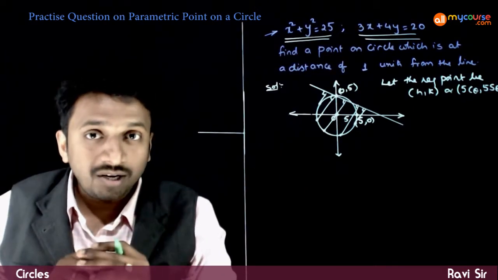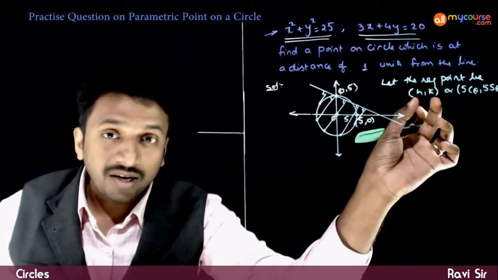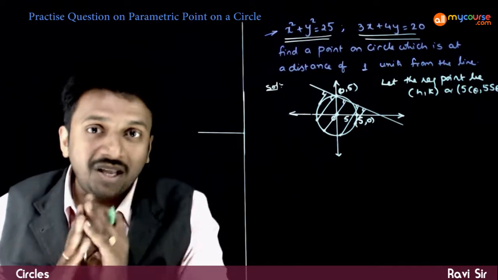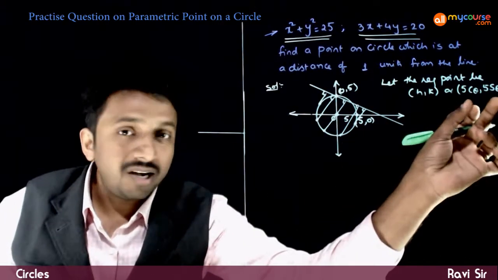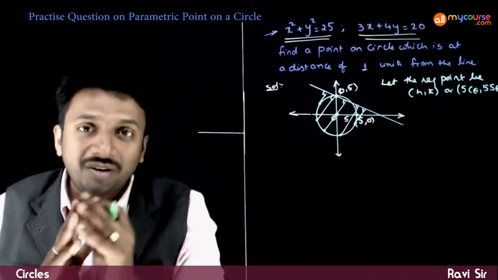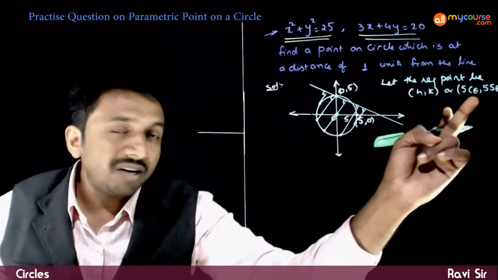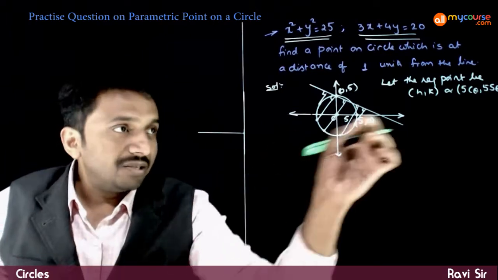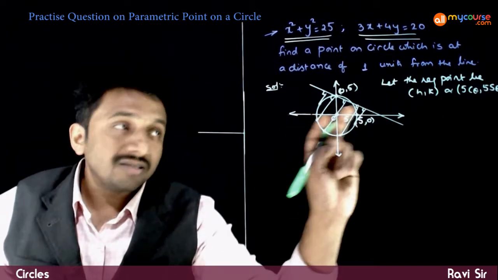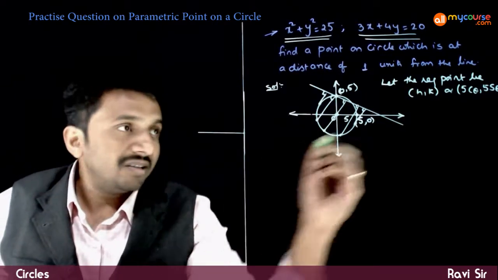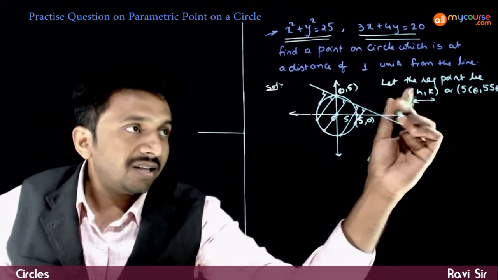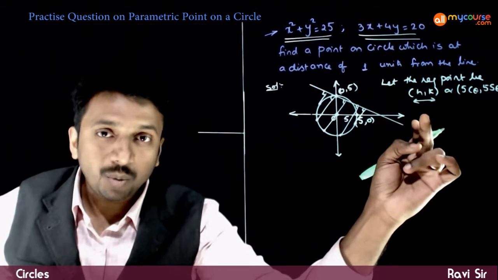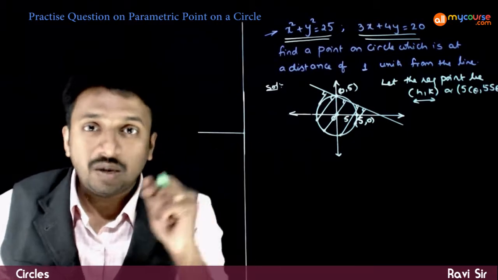And the second thing that you need to observe is, if you take this point, you'll be dealing with algebraic equations. If you take this point, you'll be dealing with trigonometric equations. Trigonometric equations are slightly more tricky than algebraic equations. So there are pros and cons for both these points. If you take this point, you have 2 variable equations, but you'll have algebraic equations.